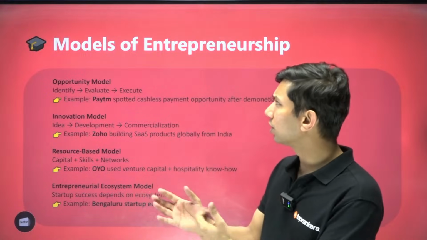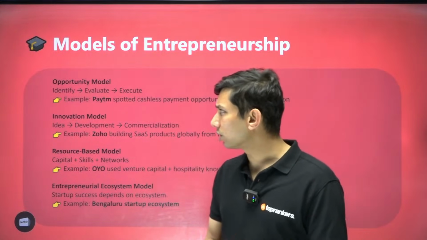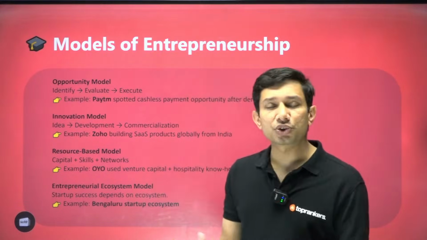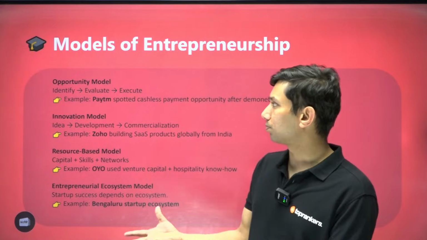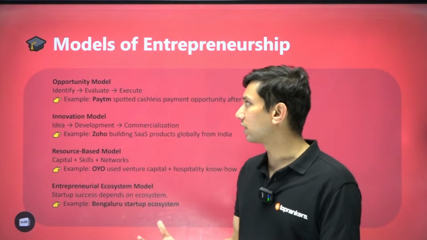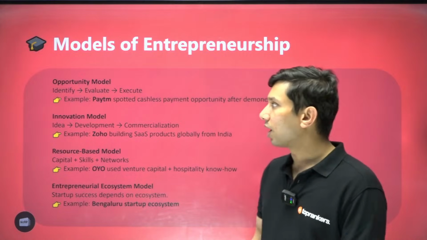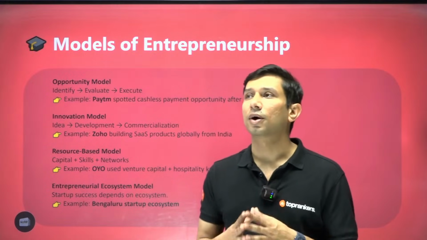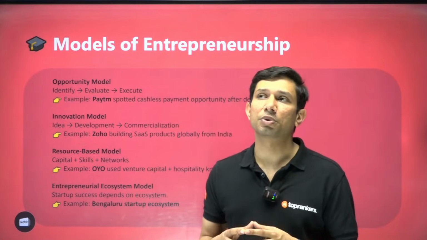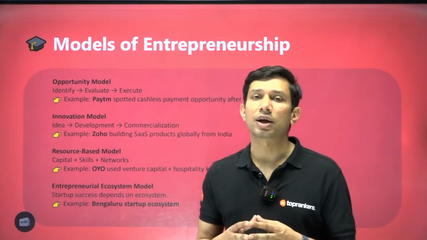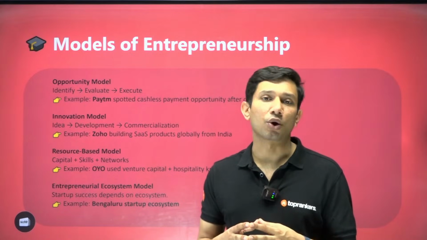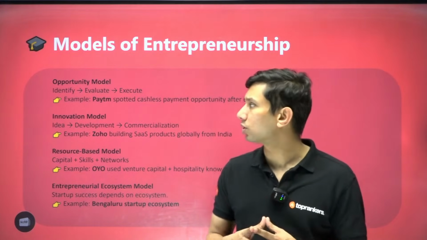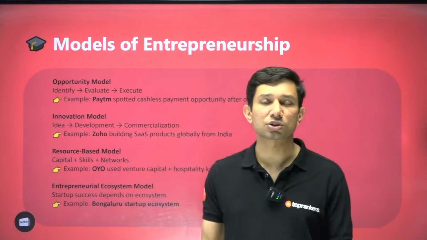The first model is the opportunity model. We identify an opportunity, we evaluate if it's an opportunity worth taking, and then we execute upon it. Say for example, you identify an opportunity in your house. Maybe you say, I want to make popcorns. You evaluate the business prospect.